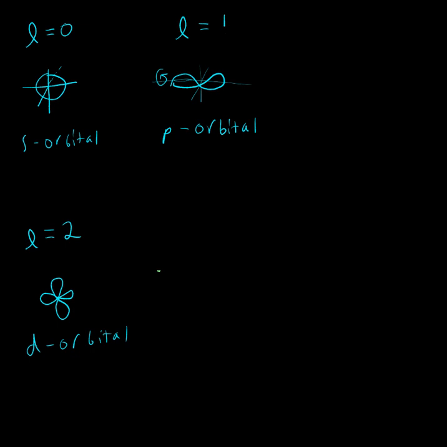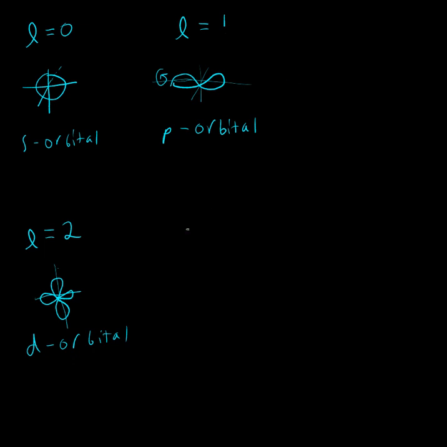So let's think a little bit about this. I think our L equals 2 case is a little too complicated, and our L equals 0 case is a little too trivial. So if we just look at this L equals 1 case, we have this orbital right here, and it's on the x-axis. But it doesn't have to be on the x-axis.